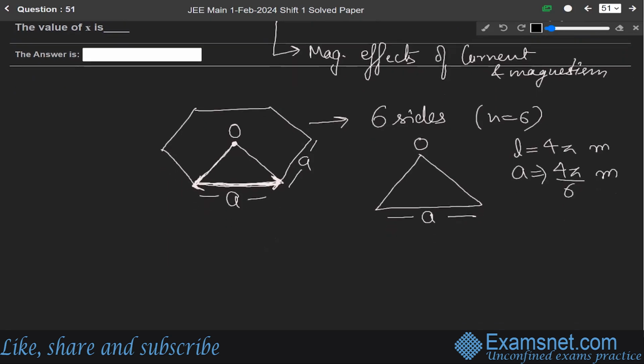Now we have to find the magnetic field due to one side of this polygon, and to find the desired answer we will multiply it by 6. This is a regular hexagon, so all the angles will be 60 degrees, meaning it is an equilateral triangle. Equilateral triangle means all sides are equal, each of side A.